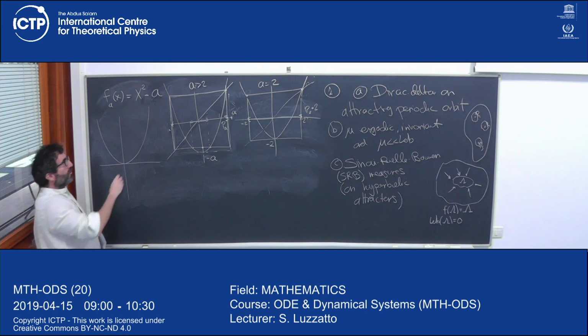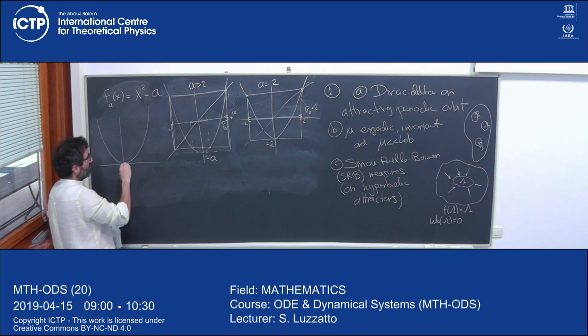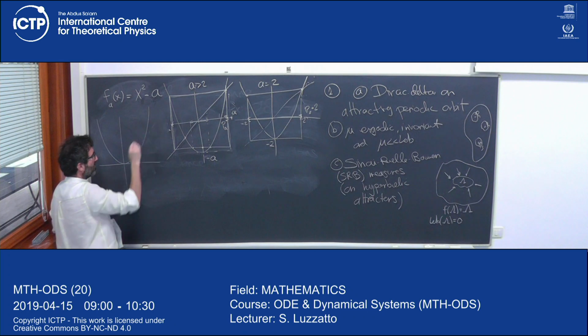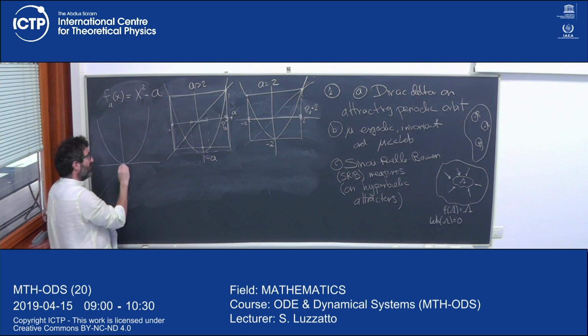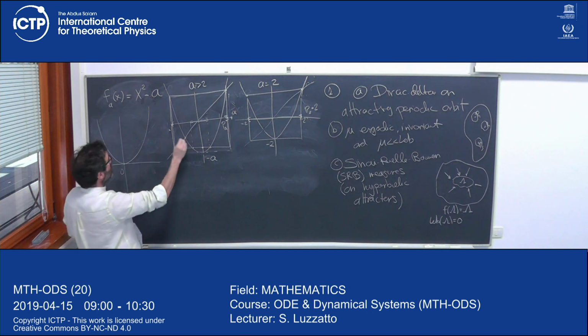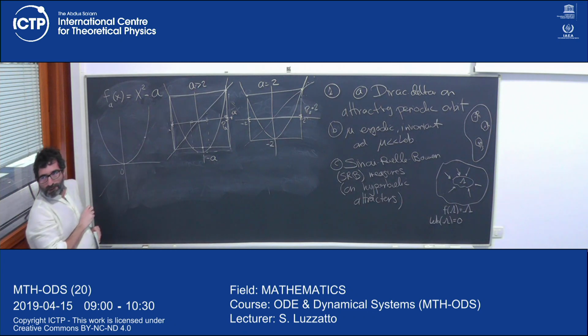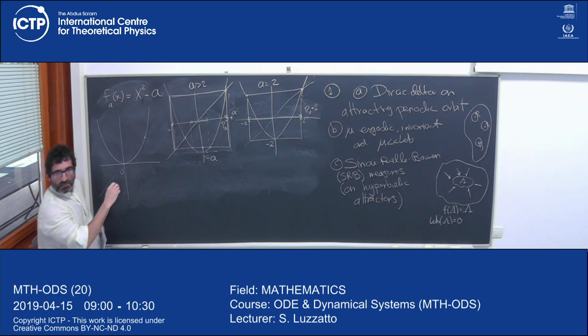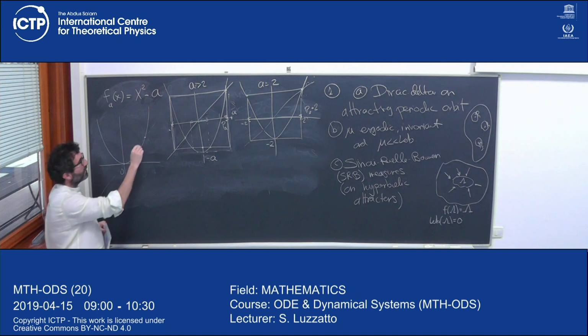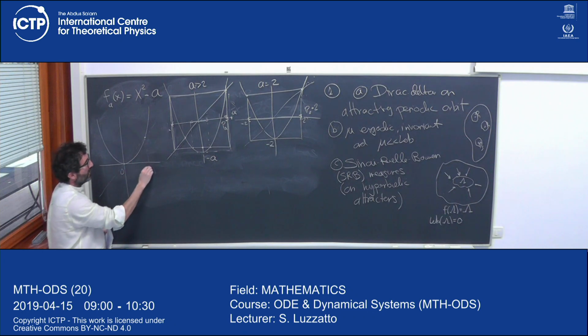We still have 2 fixed points. Where are the fixed points now? On the diagonal, we have a fixed point at 0, which corresponds to this one, and this other fixed point is where? Yes, 1. This is 1.